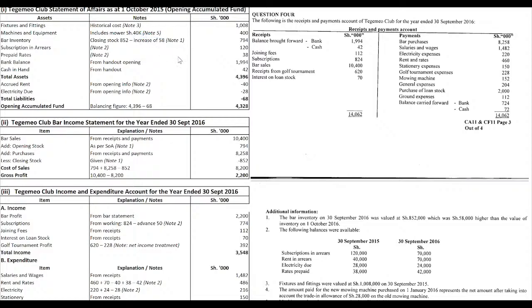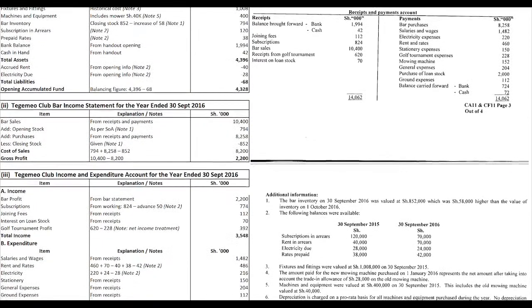Then we have the machines and equipment. You have to include the mowers, the 40k, which we have been given in note 5, as you can see. Then we also have the bar inventory, where the closing stock was 852 as we have been given.